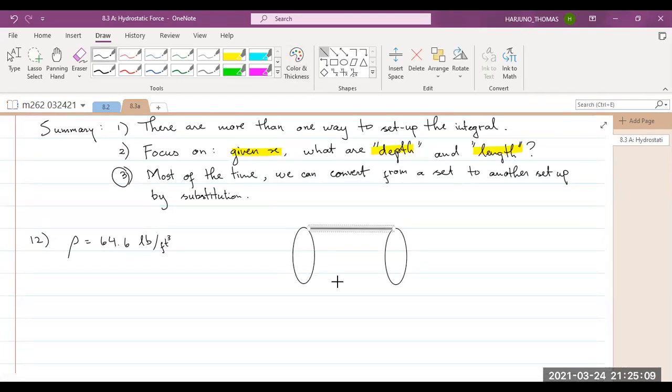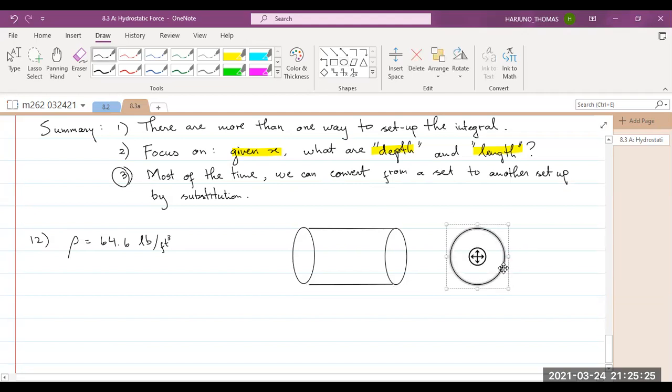So I hope you can imagine that, right? And then let me do the side view of this tank right now. It says that the diameter is 6 feet. Find the force exerted by the milk on one end of the tank when the tank is full.